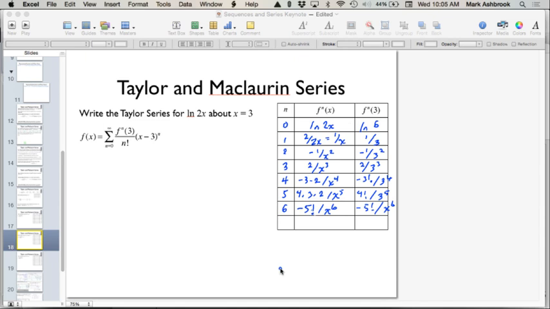Okay, so what you should notice as you take these derivatives is that in the numerator, you're basically building a factorial, because you keep multiplying by a higher and higher negative power of x.